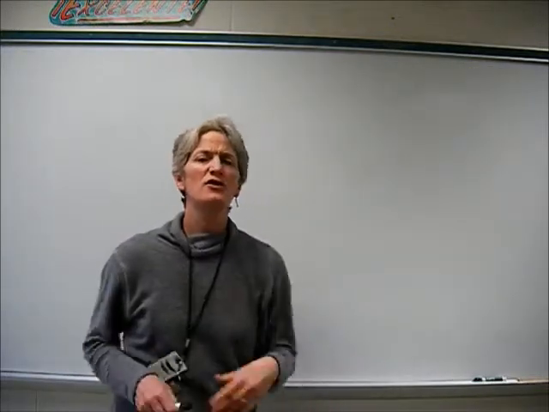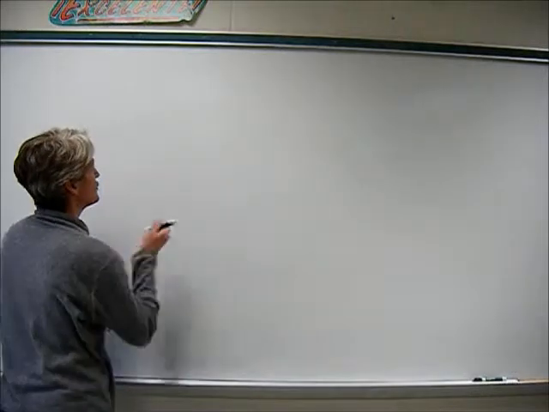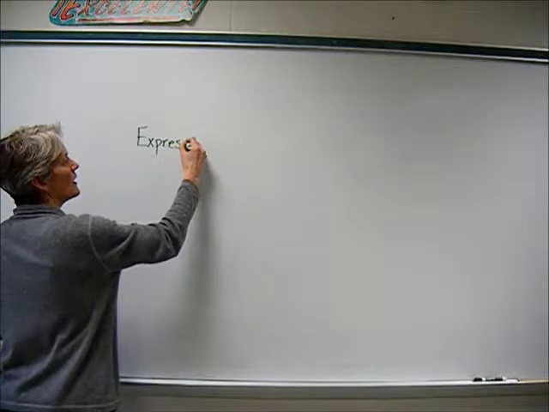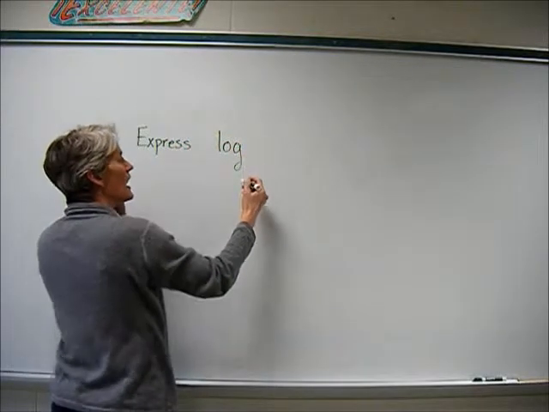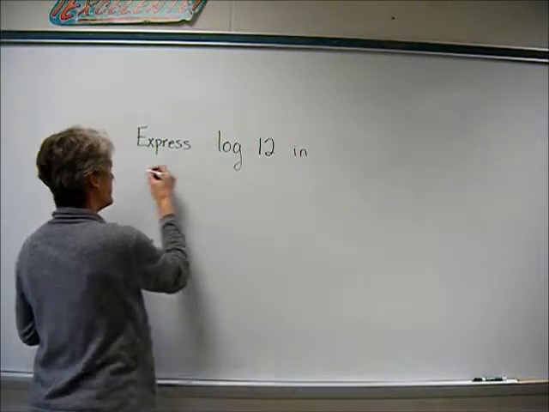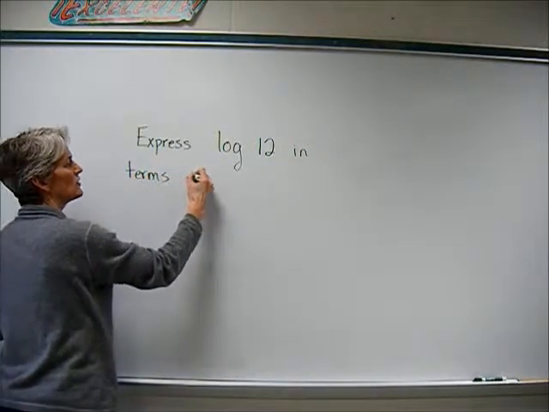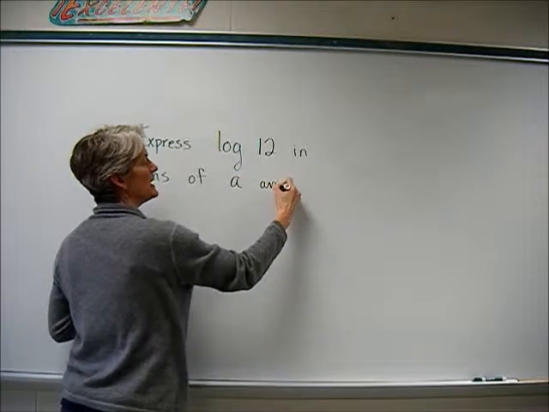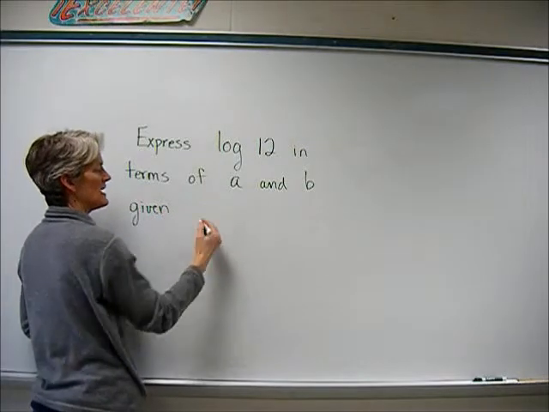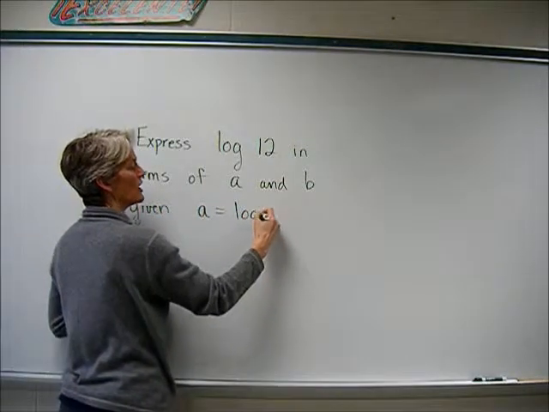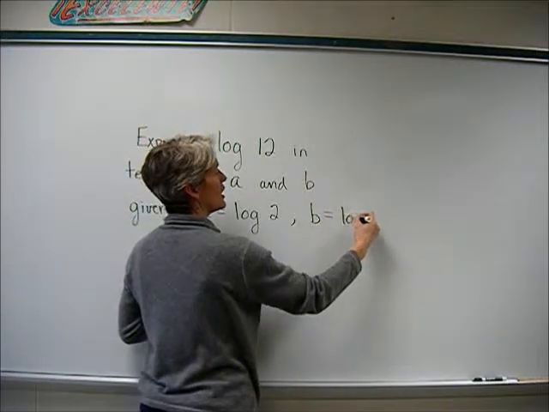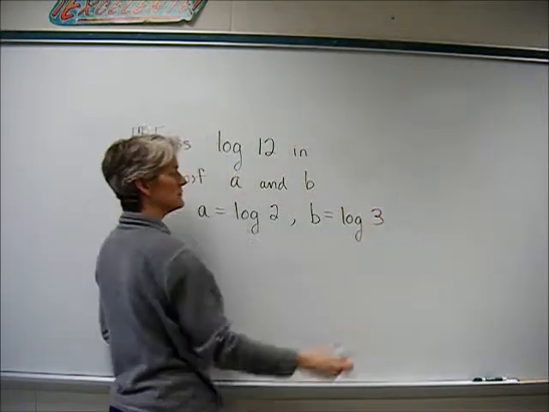Sometimes you'll be asked to expand an expression. For example, express the log of 12 in terms of a and b, given that a equals the log of 2 and b equals the log of 3.